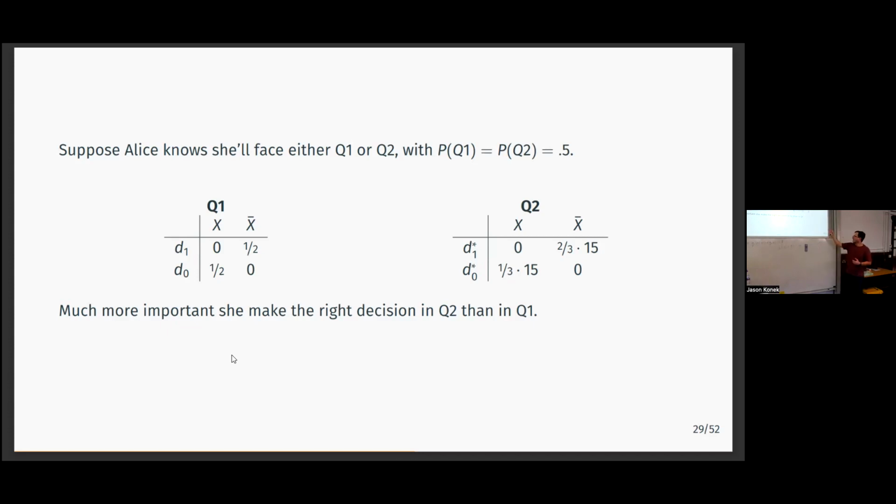But it's 15 times bigger in terms of importance. So if I think about my expected loss, I have to think, what's the probability I'll face Q1? How important is it for me to be on the right side of 0.5 if I do face Q1? And then, weighted by my expected value, how likely is it, and how important would it be if I face Q2 and my probability is on the right side of a third.